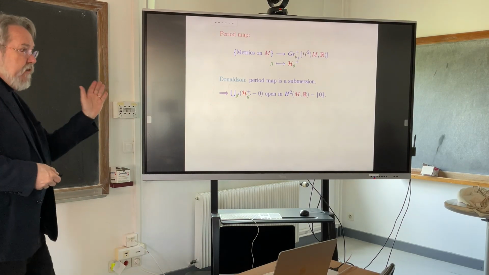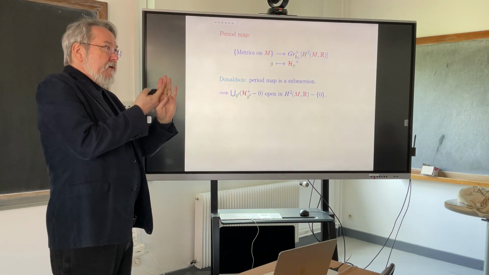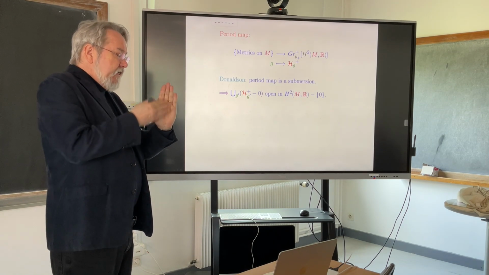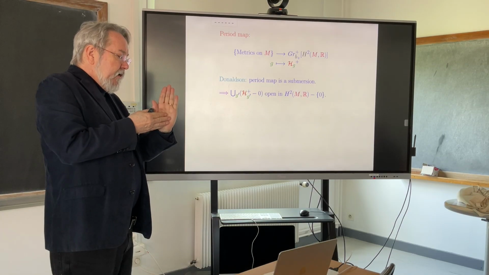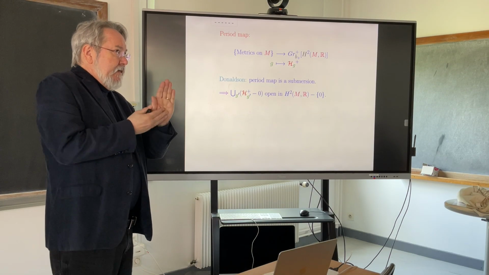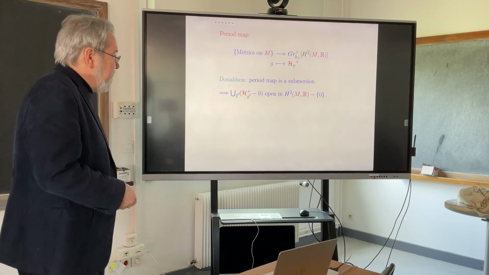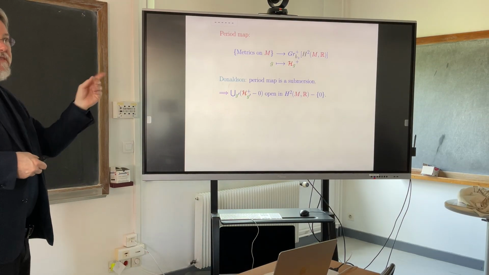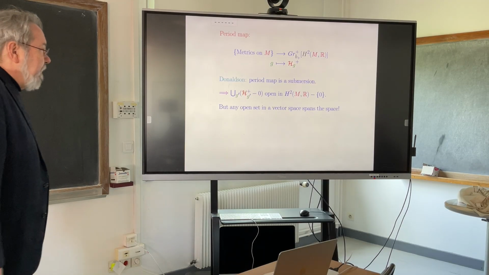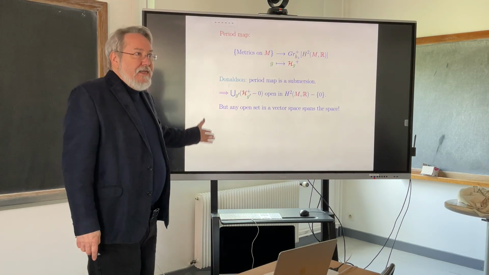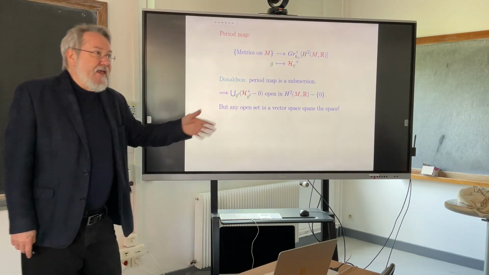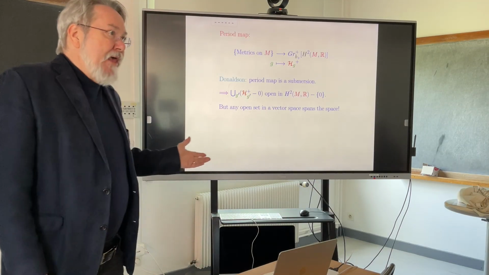As you vary the metric, if you've got a particular positive definite plane, when you look at nearby metrics, you can get any nearby positive definite plane, and in particular, the things in those will be open. This is a silly but important fact: you take any open set in a vector space, it spans the space.